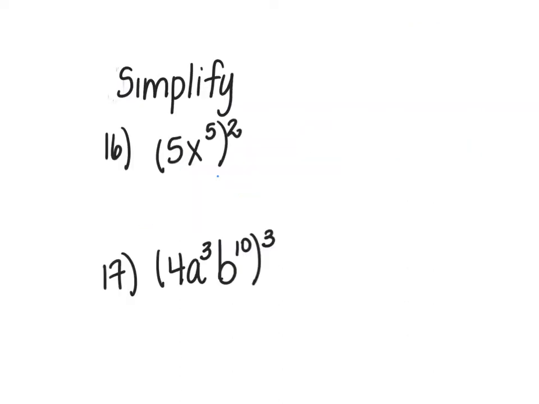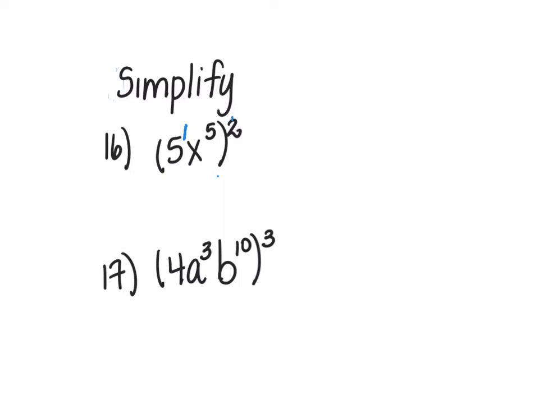So looking at number 16, we have 5x to the fifth raised to the second power. So it's not distributing, but you can think about it kind of like that. One thing that's important to do is to put a 1 wherever you don't see a power, so that you remember that that's the inside power, because you're never going to multiply a base times a power.